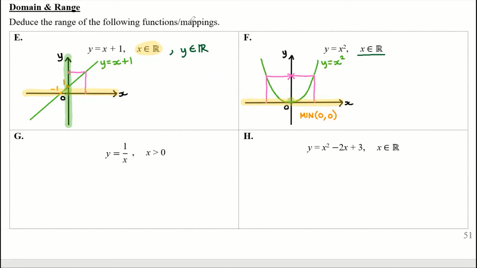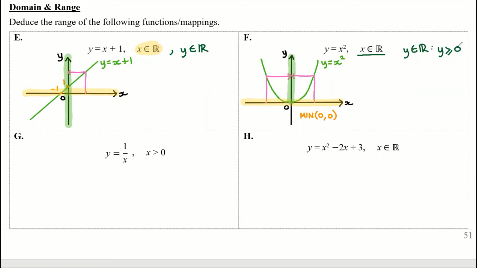So the range is just going to be all positive real numbers and also equal to 0 as well, because if you put 0 in and square that, you're going to get 0. But there is no number that you can square that will generate a negative number, not in the real line in any case. So this function has a range: y would be a real number, but there is a restriction such that y is greater than or equal to 0. And our sketch confirms that.